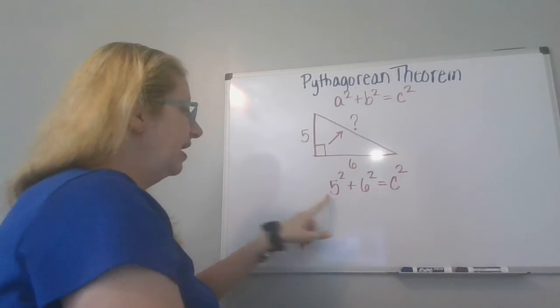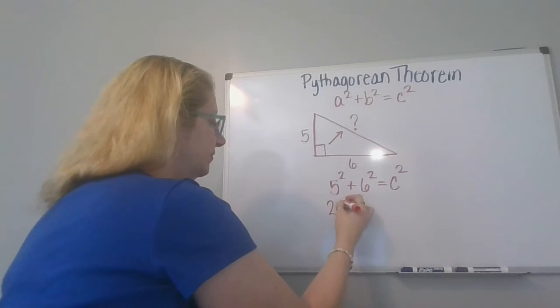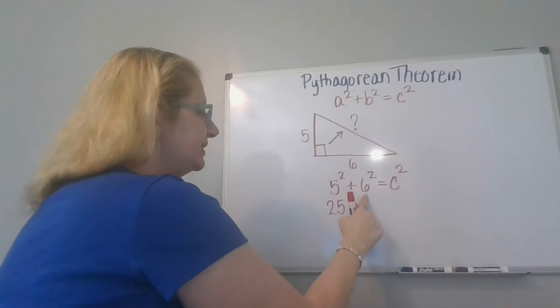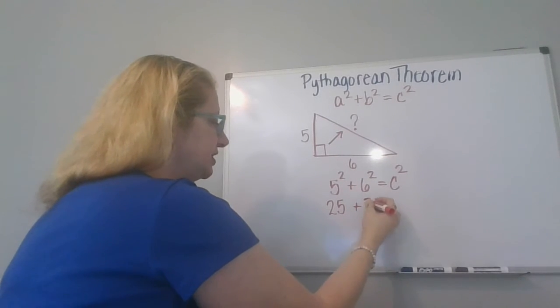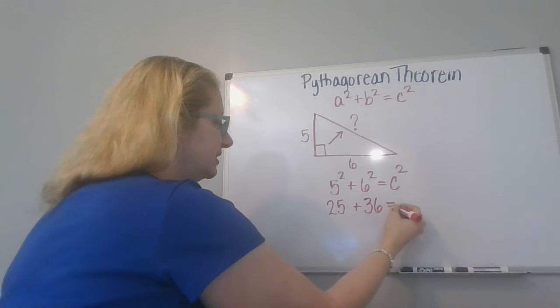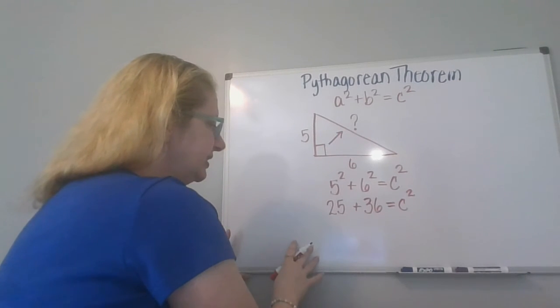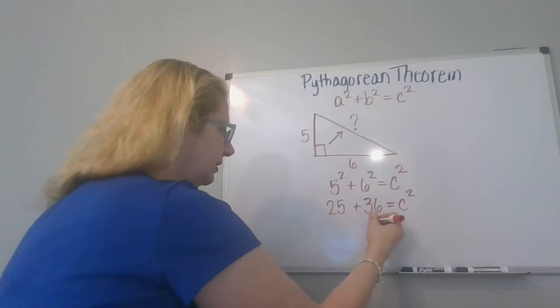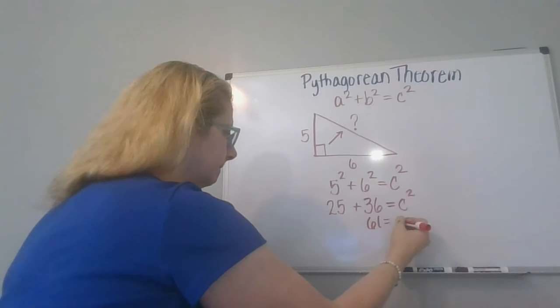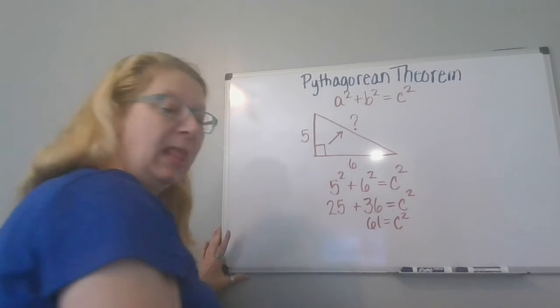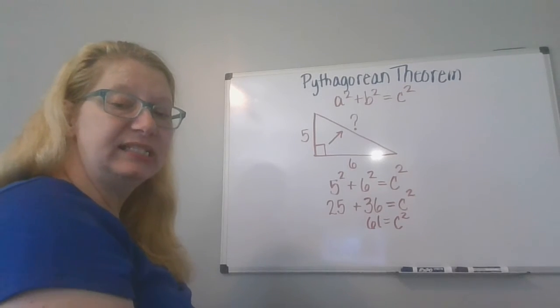Remember, this is 5 times 5, which is 25. 6 squared is 6 times 6, which is 36. And we know this is equal to c squared. 25 plus 36 is 61. So 61 is equal to c squared.